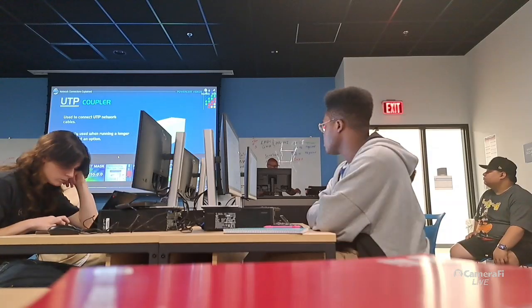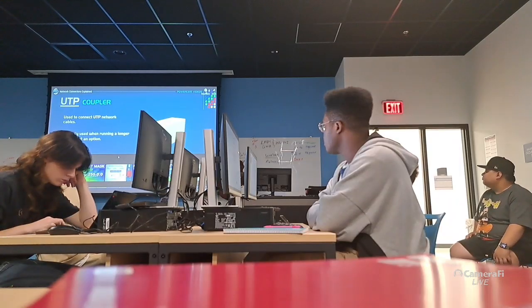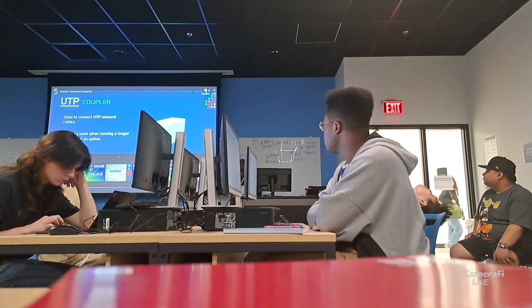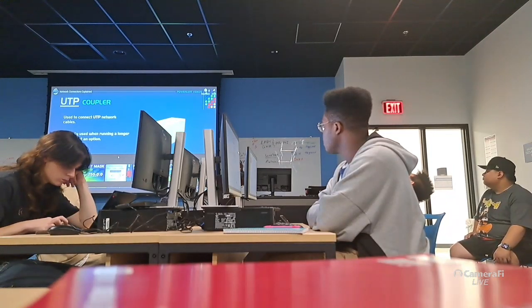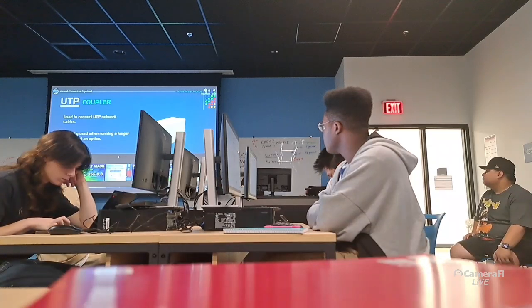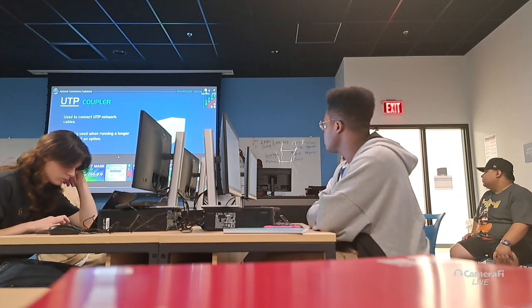What is a UTP? Unshielded twisted pair. Remember we talked about the shield and the unshield? Remember I told you about using the shield when you have a lot of electronics, motors and all that? Shielded twisted pair. So twisted pair can be either unshielded twisted pair or shielded twisted pair.